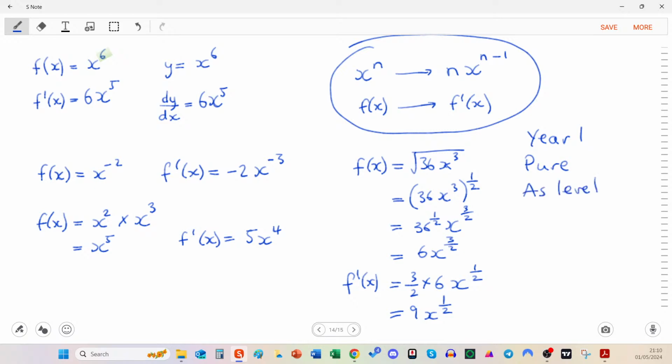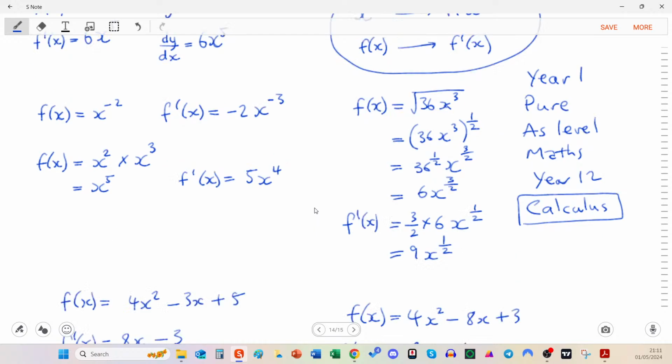Sometimes they call it AS level instead of year 1 maths. Okay, so might also call it year 12, and it's under the topic of calculus. So call it a preview of what's coming. I do calculus all day. It's many people's favorite subject.